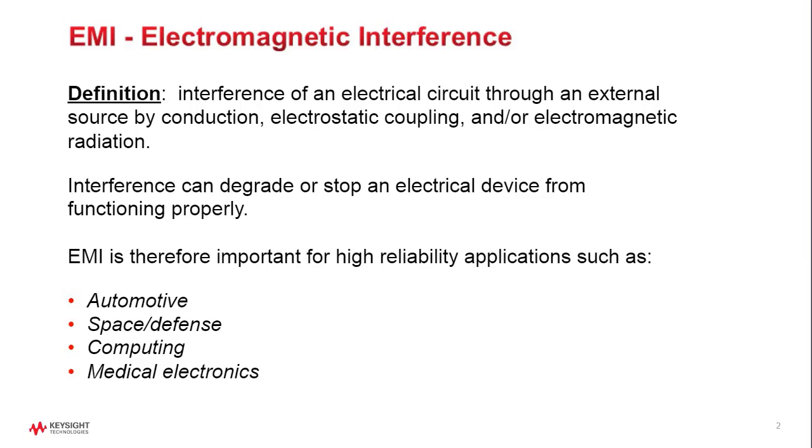In our case, we're looking at how to examine this particular product as an aggressor. It has to pass some compliance, which we'll talk about later, and we need to measure how much interference it's generating, both conducted and emitted or radiated. We'll see a little bit more detail about that as we move along.